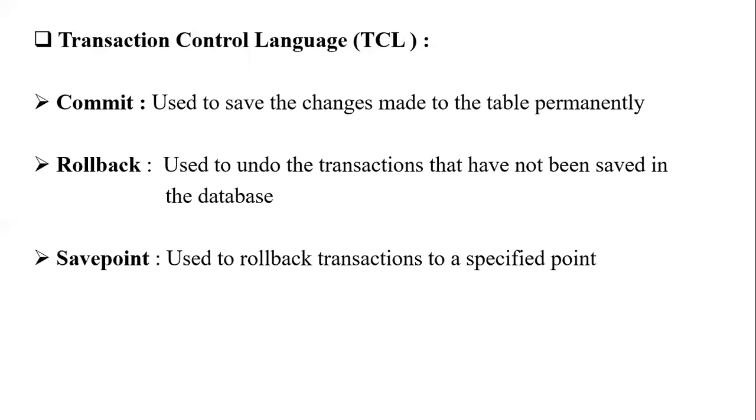Commit is used to save the changes made to the table permanently. Rollback is used to undo the transactions that have not been saved in the database. And savepoint is used to roll back a transaction to a specified point. In simple words, savepoint means it is used to roll back some part of the transaction instead of the entire transaction. This is the savepoint.